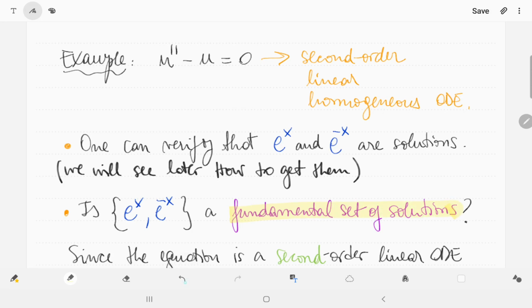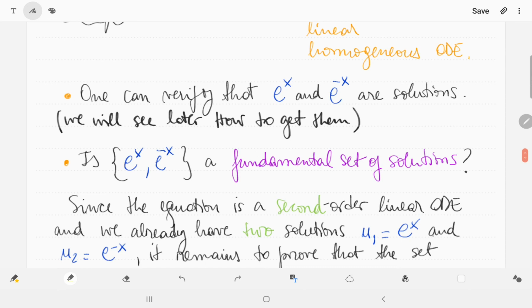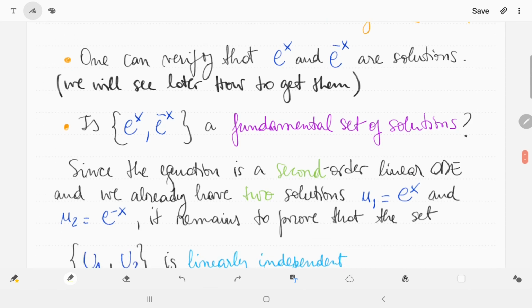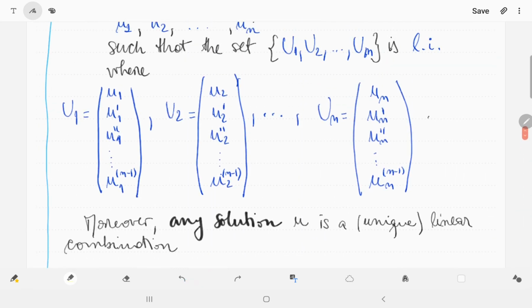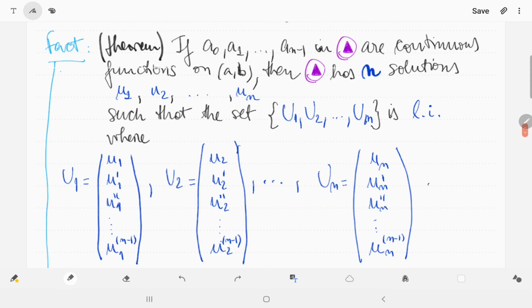So what do we have to check for really proving this? First observe that we have a second order linear ODE and we already have two solutions. So we are in this situation: we have some equation and we have n solutions. In our case, two solutions, u1 and u2.